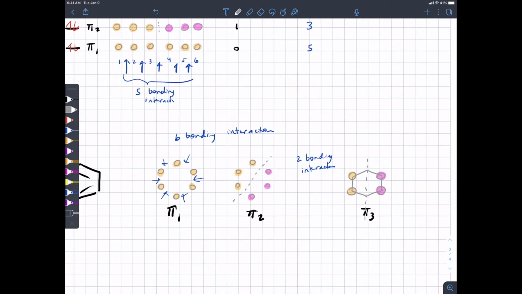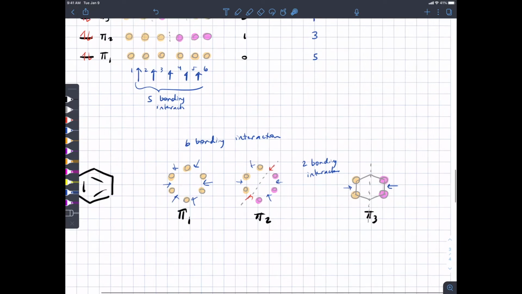And just as you pointed out, we've got 1, 2, 3, 4 bonding interactions versus 2 anti-bonding interactions. Here, in this other orbital, we only have 2 bonding interactions. Because there's a node that coincides with these middle atoms, we don't count that as an interaction at all. We only count adjacent atoms. All right?